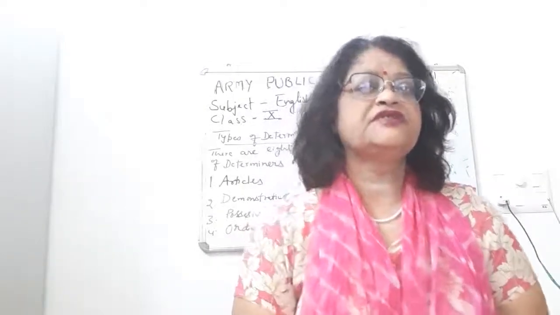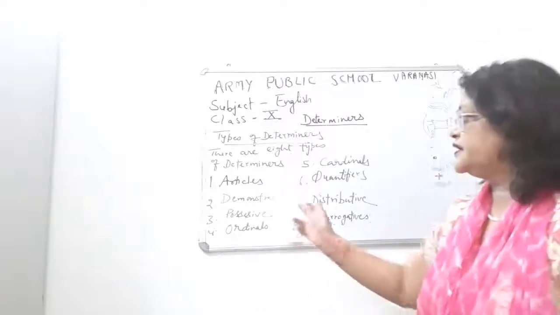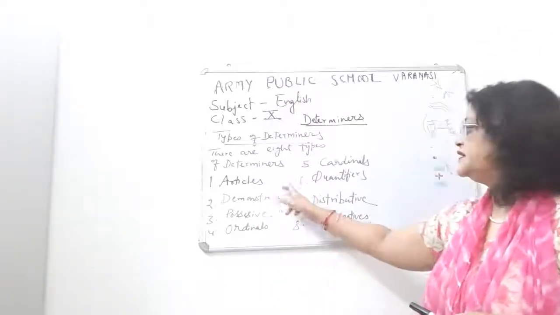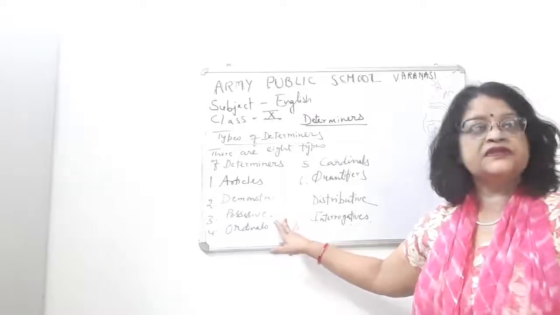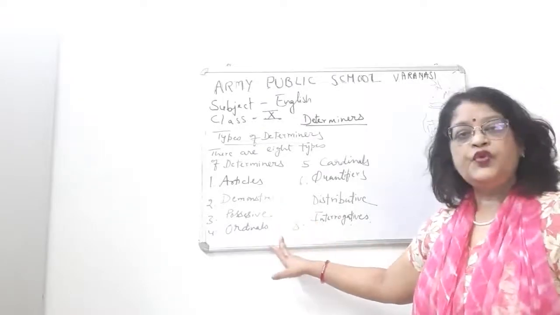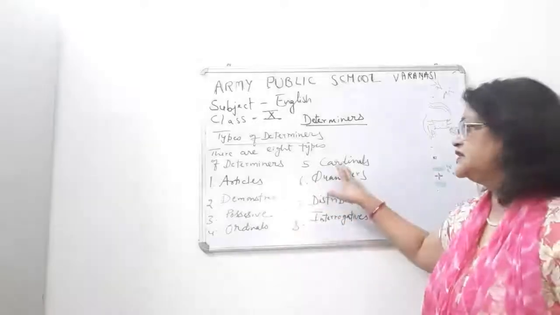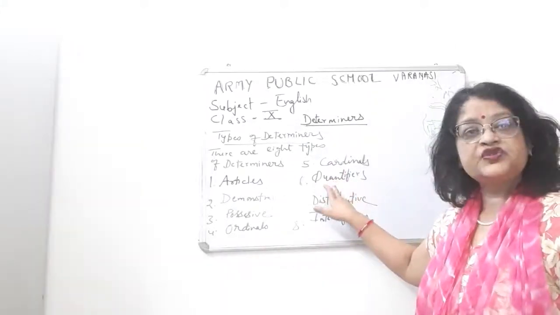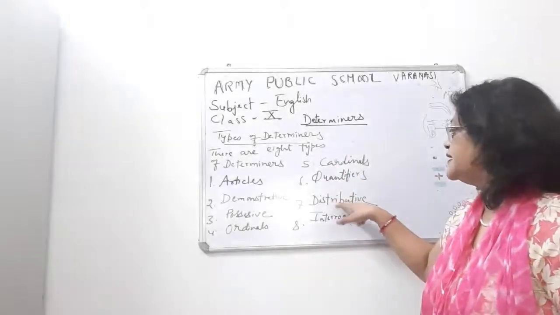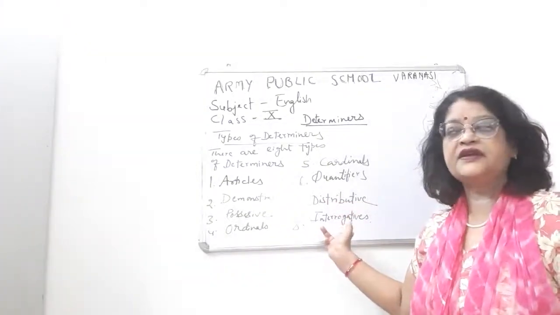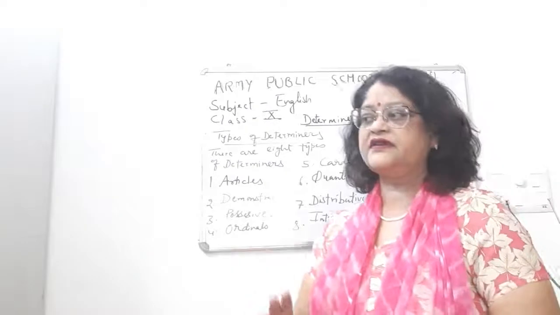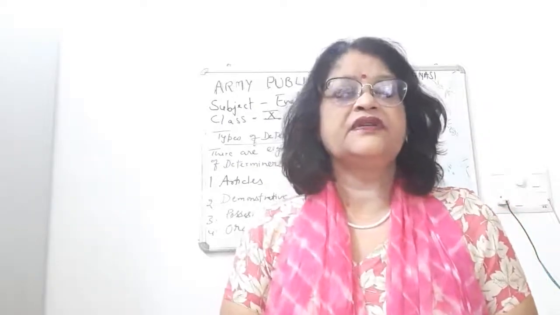Children, you can write them also. First is articles, second is demonstrative determiners, third is possessive determiners, fourth is ordinal, fifth is cardinal, sixth is quantifiers, seventh is distributive determiner, eighth is interrogative determiner. So these are the 8 kinds of determiners.